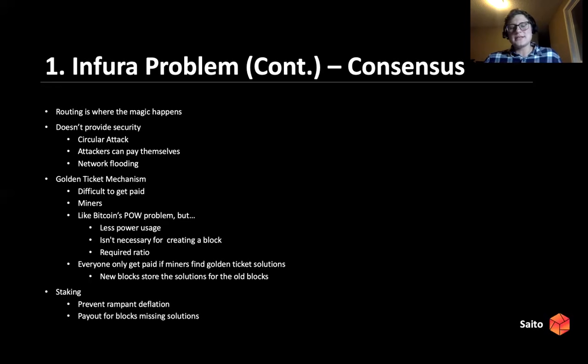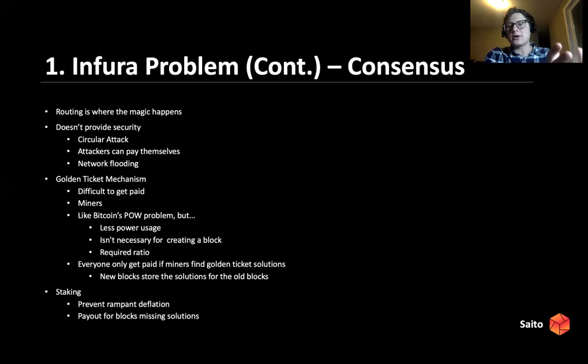Now, one thing to note is that you're not actually required to solve a golden ticket problem in order to post a block. What the golden ticket does is, if I post a block, then the golden ticket solution would be the solution to the problem of the previous block that resided in the blockchain before this recently posted block. And if there is the golden ticket solution for the previous block's golden ticket problem, then that means that everyone will get paid.